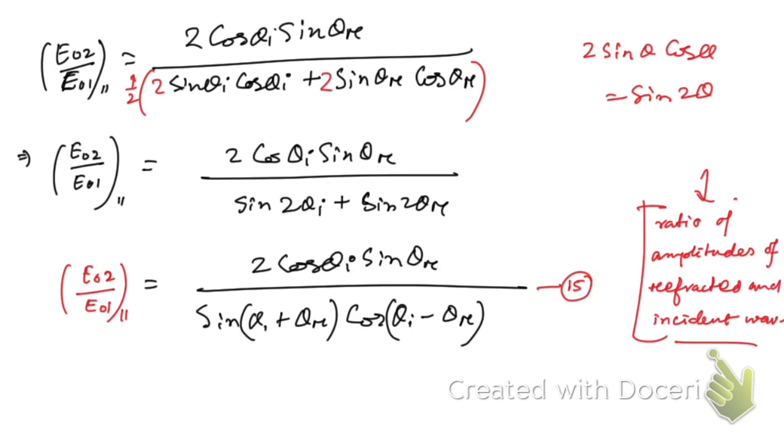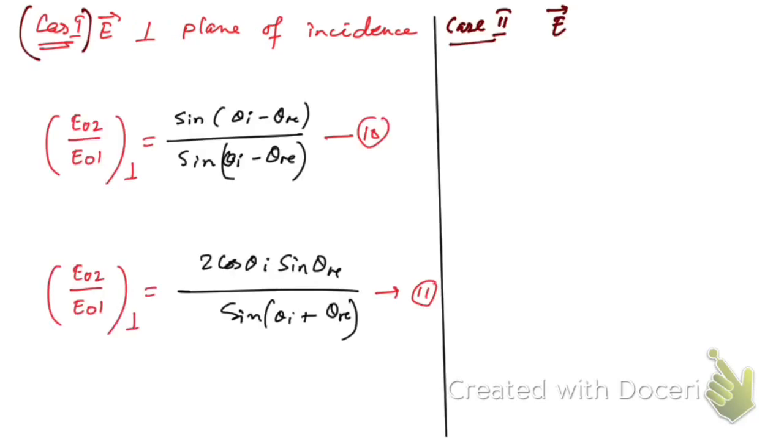Now let me write the equations in a single slide. For case 1, what are the equations we have got when this E vector was perpendicular to the plane of incidence? These are equations 10 and 11 for the first case.